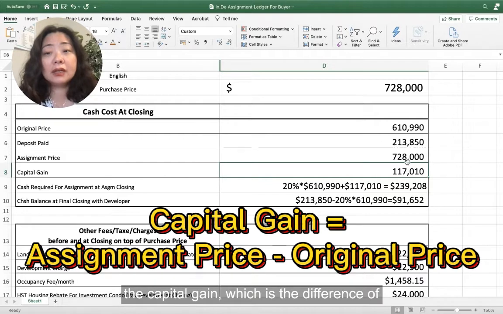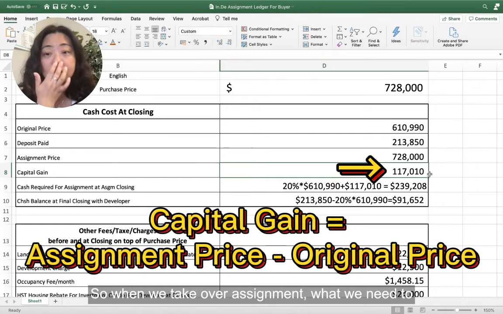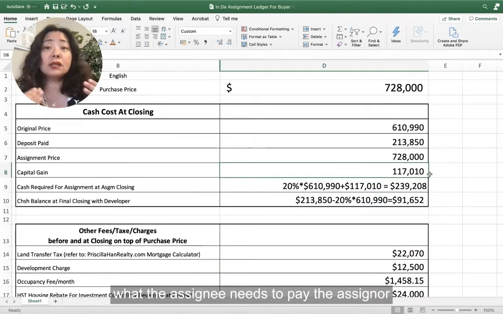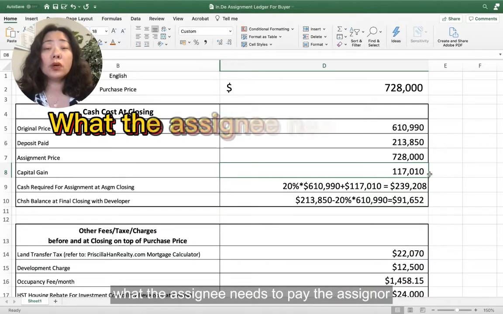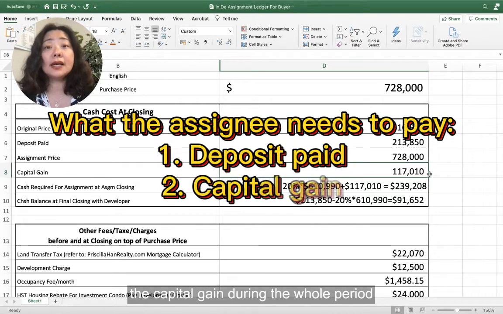The capital gain, which is the difference of $728,000 to $610,990, is $117,010. When we take over an assignment, what the assignee needs to pay the assignor is all the deposit the assignor paid to the developer plus the capital gain during the whole period.